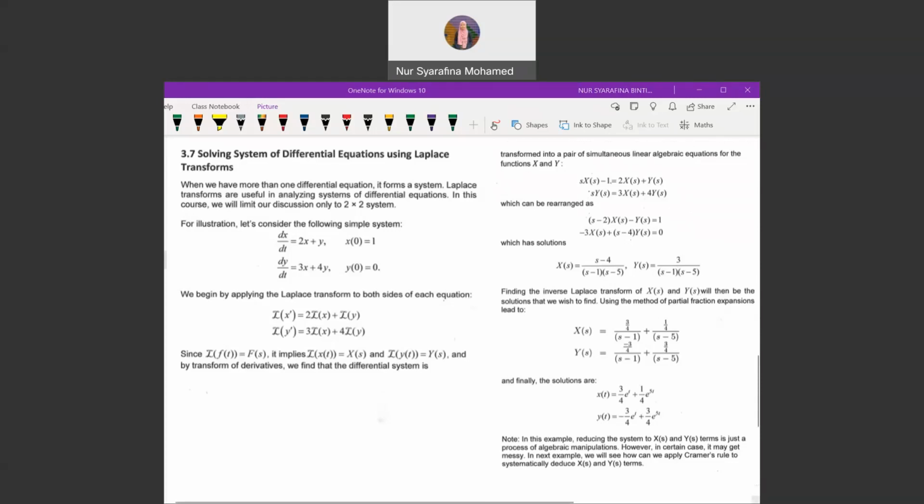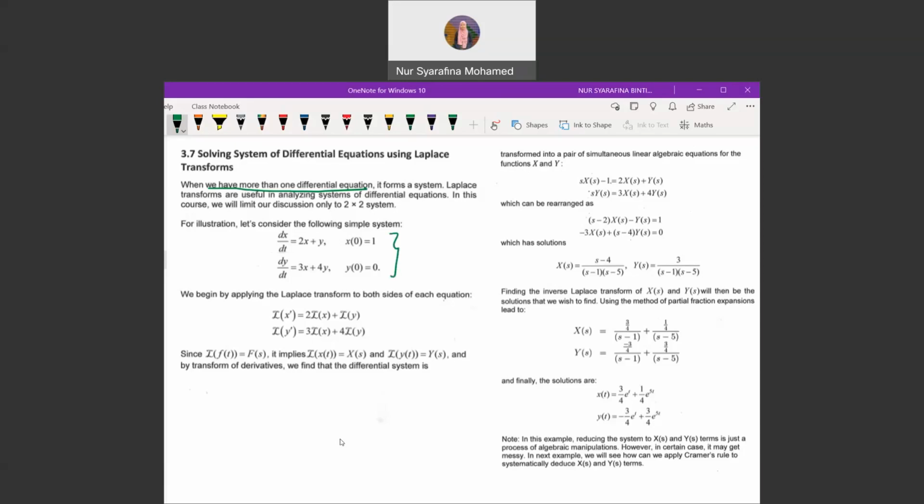For this case, let's take a look. We have a system when we have more than one differential equation. Just like before, we only needed to solve one differential equation, so we applied the Laplace transform, applied the condition given, and then we could just solve it. Now when we have to deal with more than one differential equation, it forms a system.